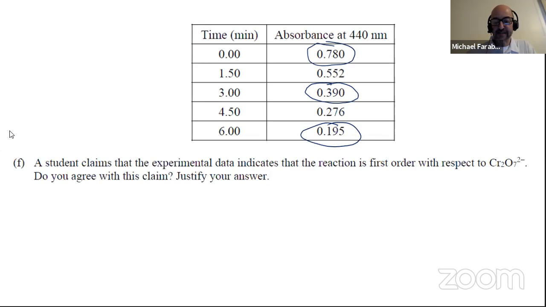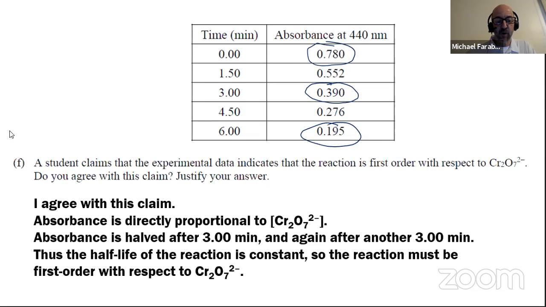So you could say, yes, I agree with the claim because the absorbance, which is proportional to the concentration of the dichromate, is halved after 3 minutes and again after another 3 minutes. Thus, the half-life of the reaction is constant, so the reaction must be first order with respect to the dichromate ion.